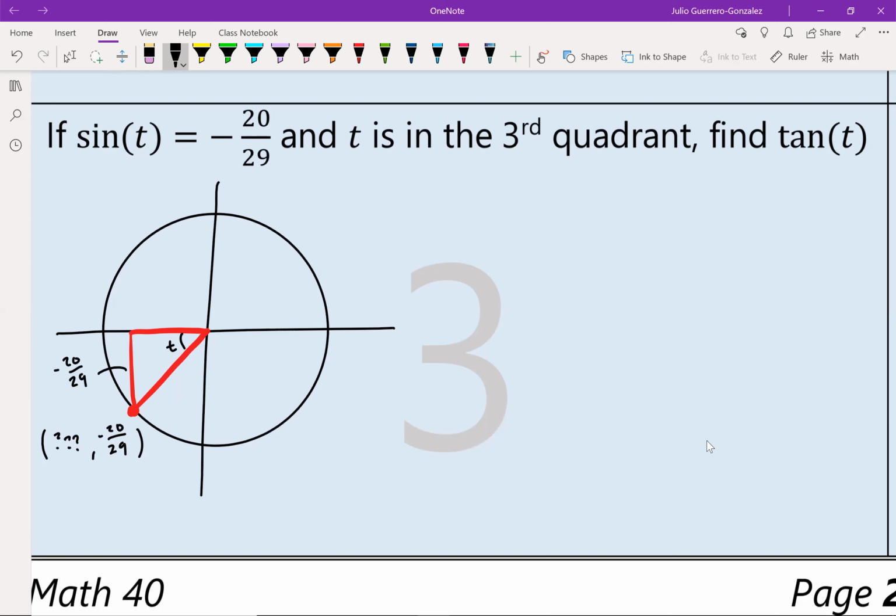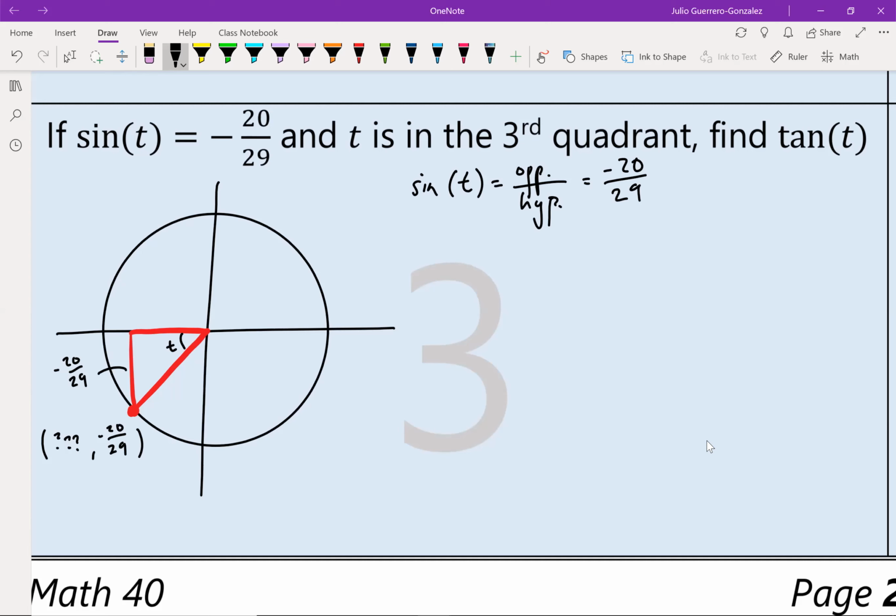So we know sine of t is equal to opposite over hypotenuse, and that's going to be the negative 20 over 29. Did I just screw up?